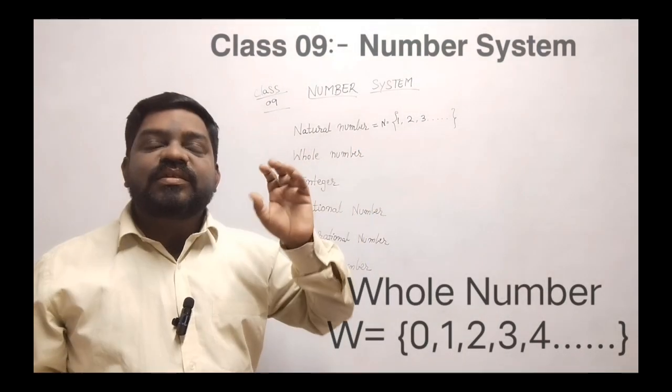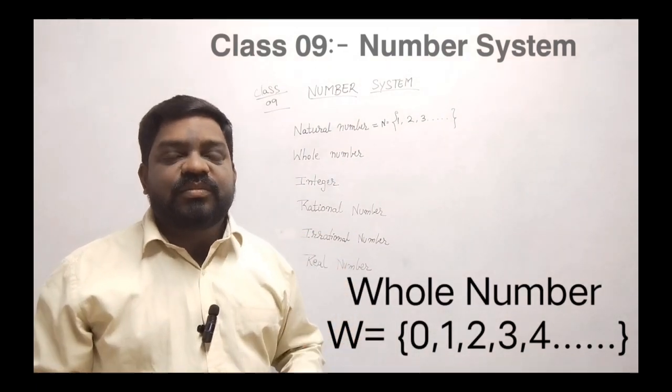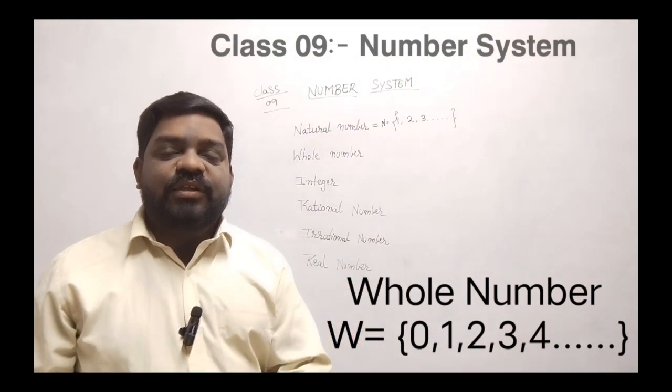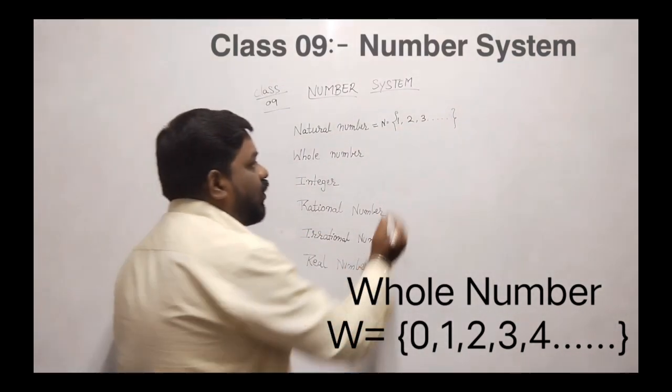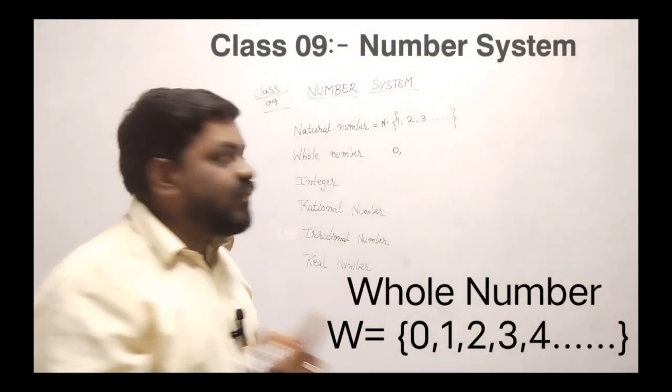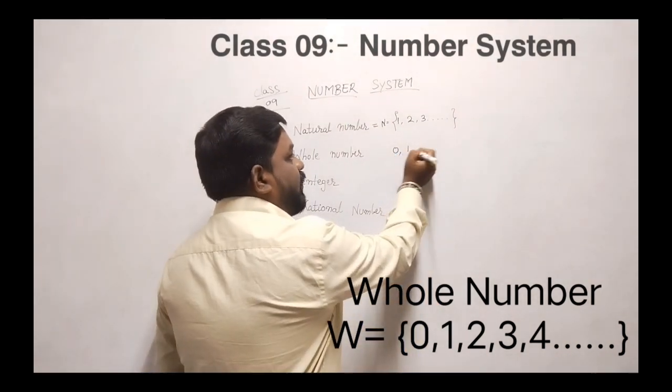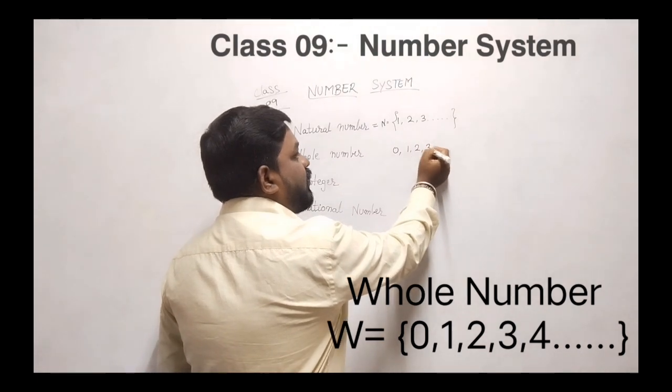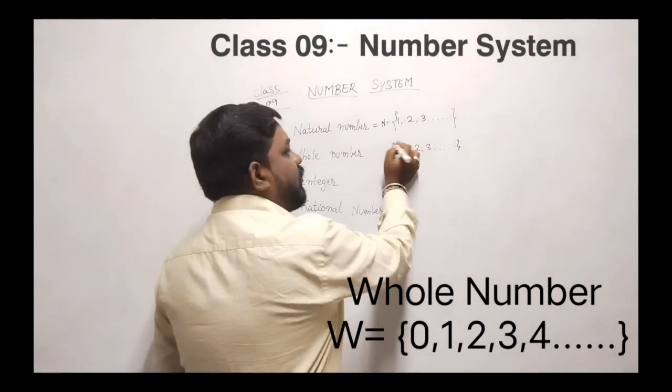Then what do you mean by whole number? Whole numbers are the set of natural numbers along with zero. Here in whole numbers, 0 is included along with the natural numbers, that is 1, 2, 3, and so on.